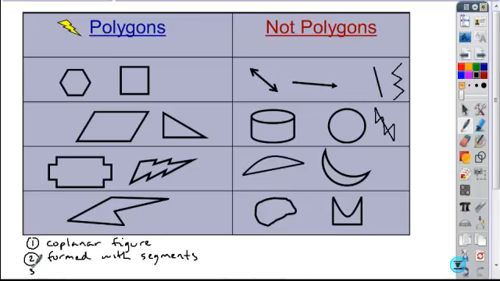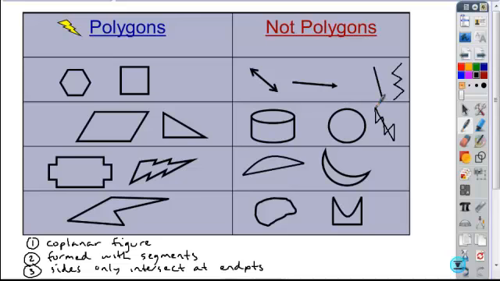And then the last characteristic that will eliminate this final counterexample is that the sides will only intersect at the endpoints. That eliminates this one, because as we connect these two endpoints, it passes through the middle or somewhere in between other sides.